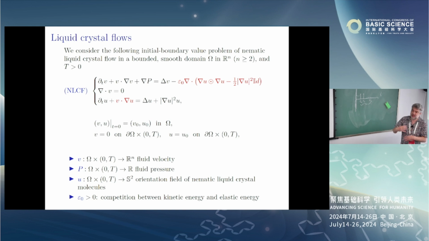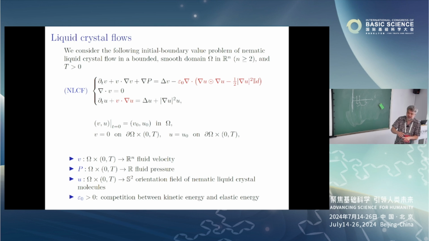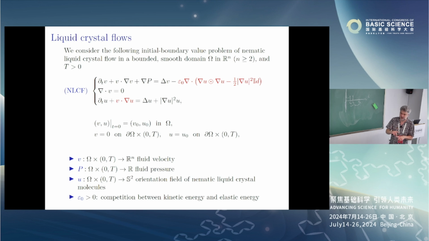And of course, you can see it in real life. The liquid crystal should be described both by a macroscopic equation and something taking into account the microscopic behavior of the crystal, which would typically be, for example, the orientation.